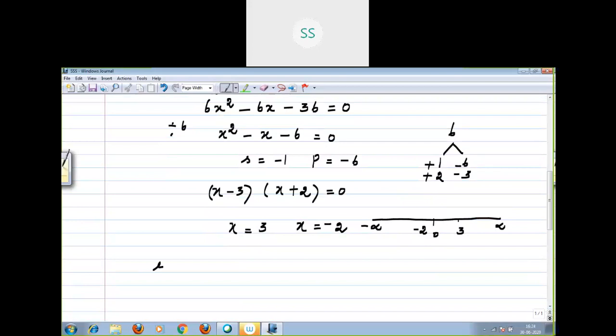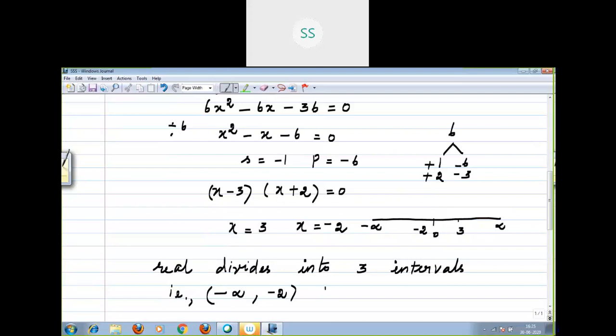For a polynomial you have to take minus infinity to infinity.